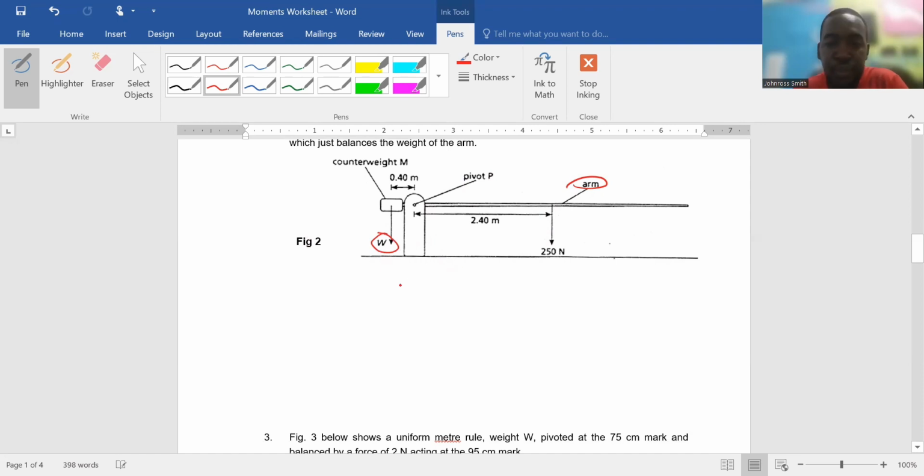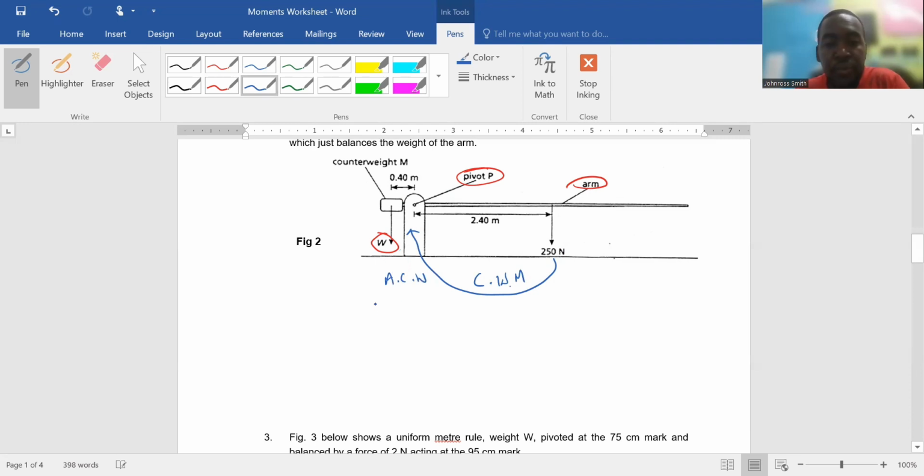So we have to use the principle of moments, because this object will turn about the pivot point right there. So again, to know what directions each force will go, the 250 carry it towards a pivot point, that is a clockwise moment. And the weight going towards the pivot point, that is anti-clockwise.